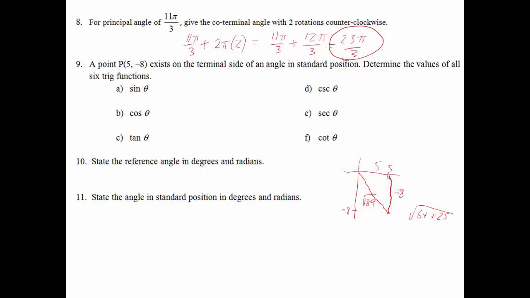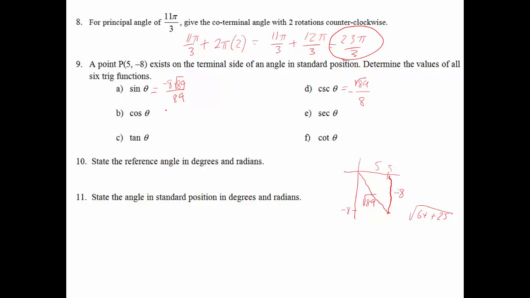So now with that triangle drawn, I can do all these here. So sine is going to be opposite, which is negative 8 over radical 89, and secant is the reciprocal of that, so that's rad 89 over negative 8. Doesn't matter where I put that negative sign as long as it's in front of the fraction.